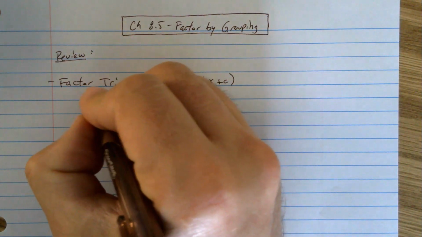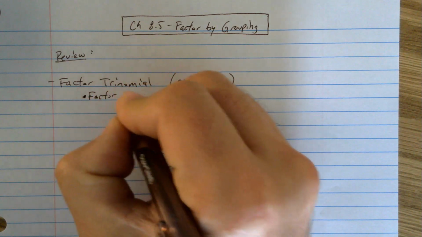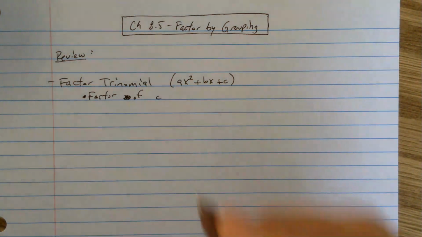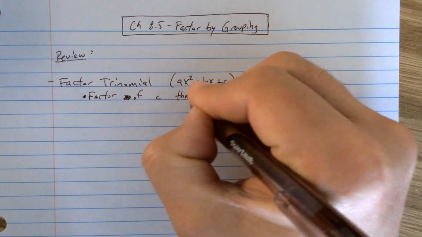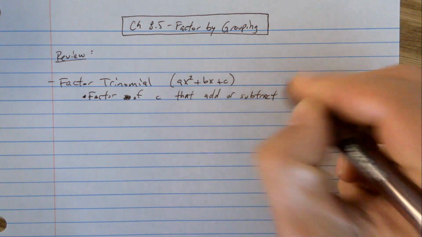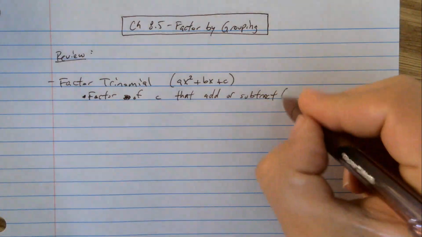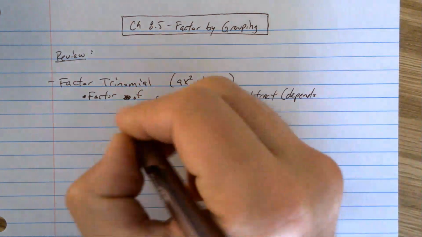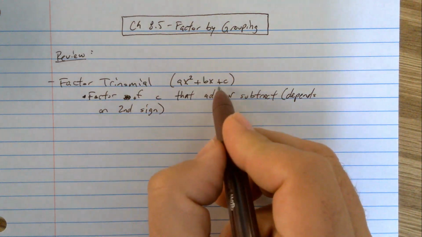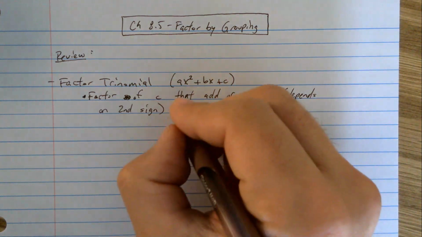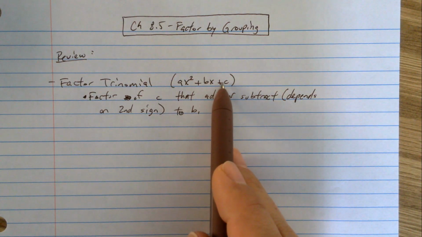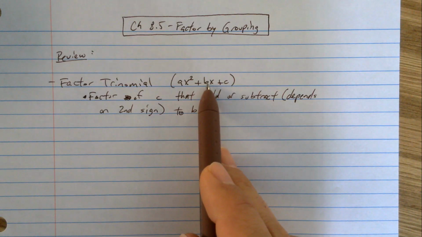We are looking for factors of c that add or subtract, depending on the second sign, to b. So factors of this term that add or subtract depending on the sign to b.